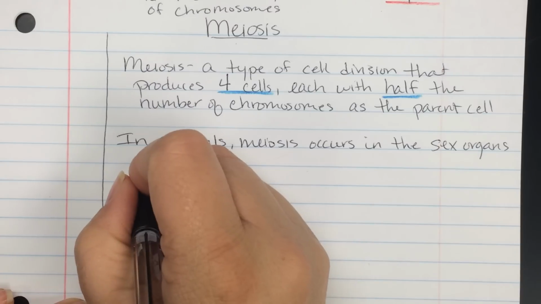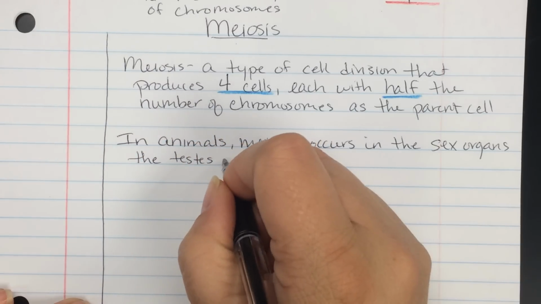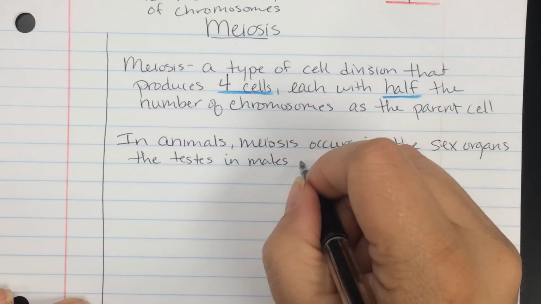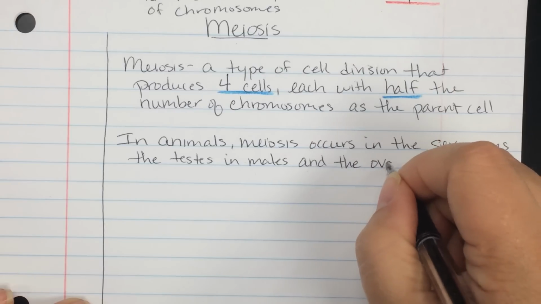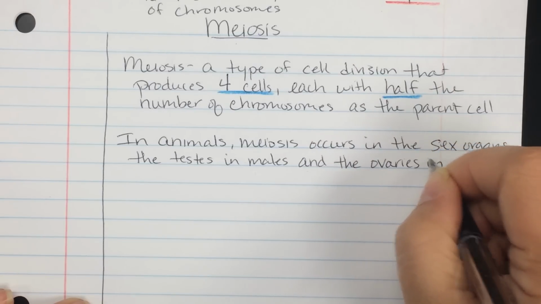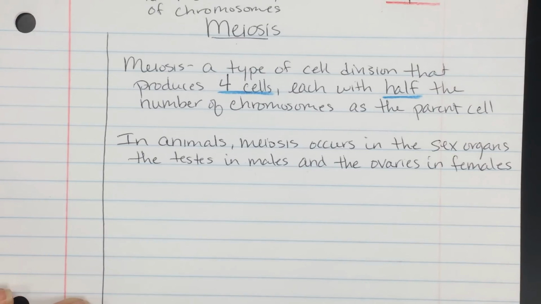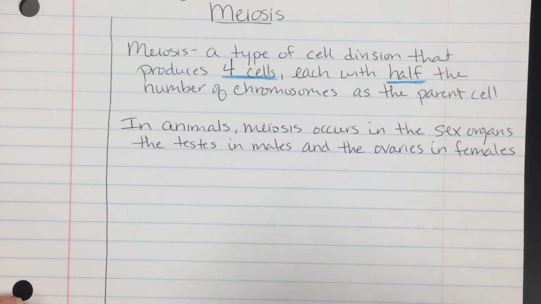And so in males, it's the testes, and it's the ovaries in females. So all your other cells are going to do mitosis, but to make those eggs and sperm, we have to do meiosis.